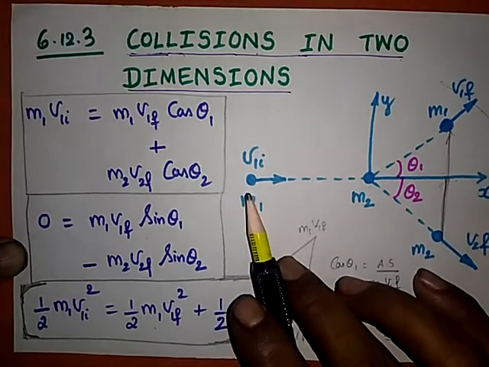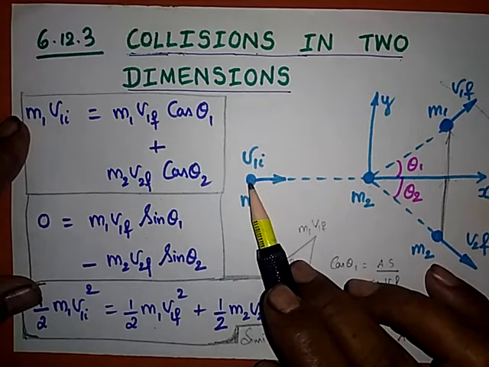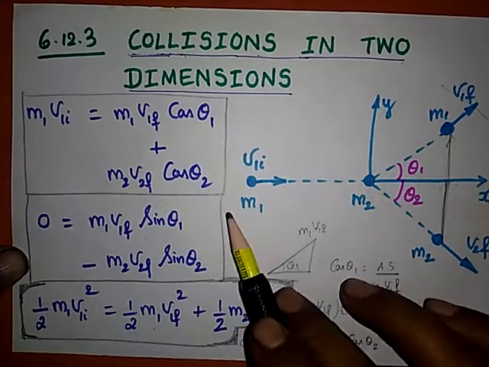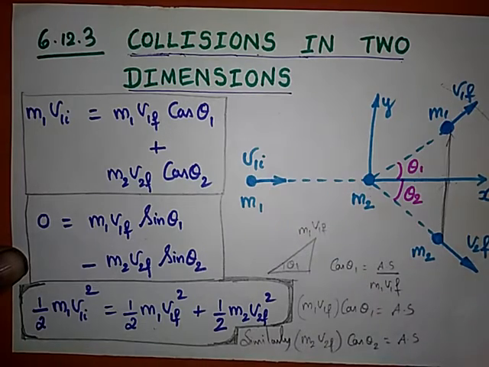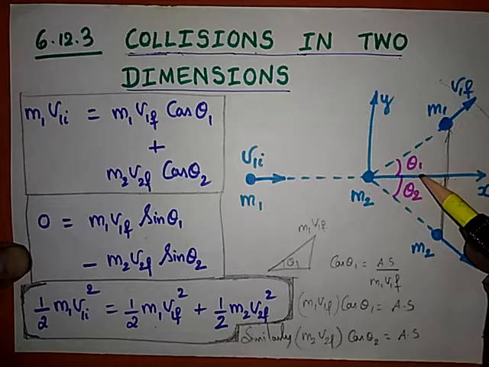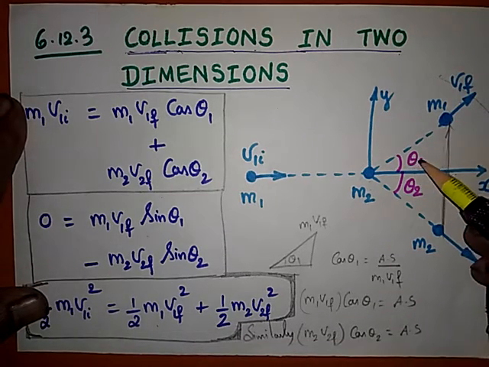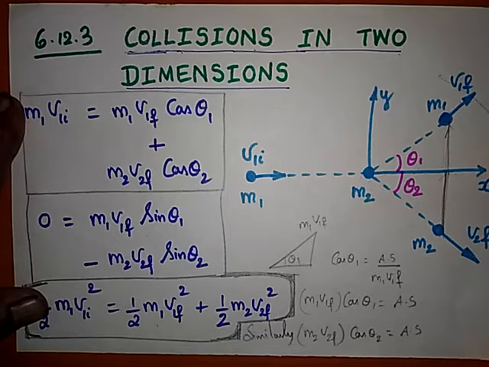Now assume we know the mass of the striker and the mass of the coin, and the initial velocity v1i also, and if we know the angle where the striker moves, theta 1, or where the coin moves, theta 2.